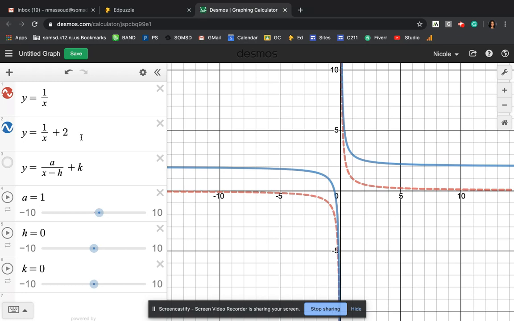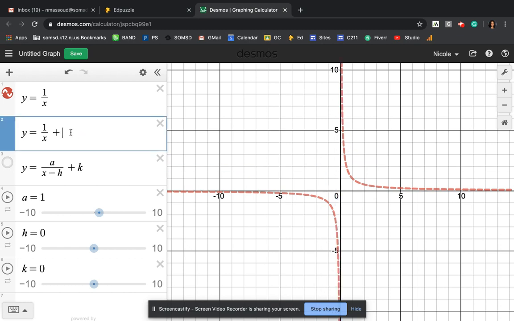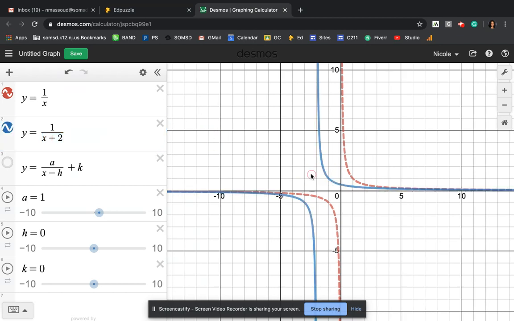Now, did the function move right or left? No. So my vertical asymptote is still the same. Then the question becomes, what happens if I add 2 on this end? It is going to move left 2, right? Remember, when it directly affects the x, it does the exact opposite of what you want it to do. The analogy I've made in class time and time again is your x does not do what you want them to do, right?